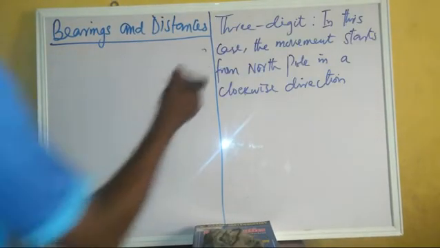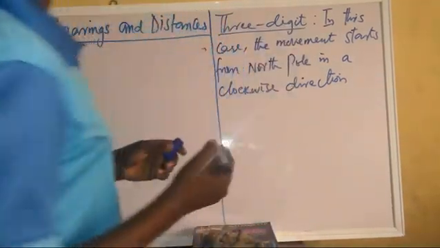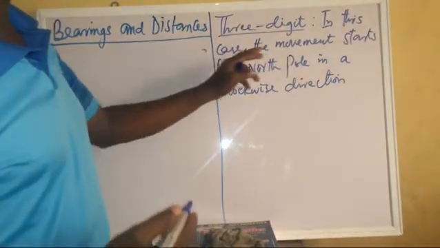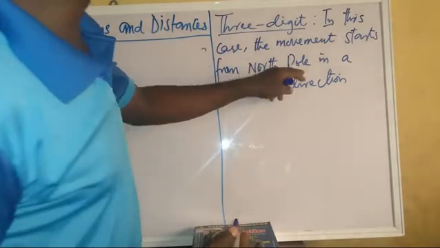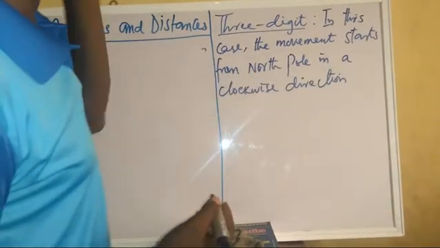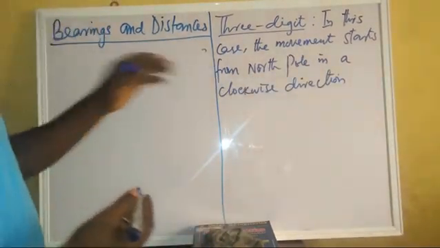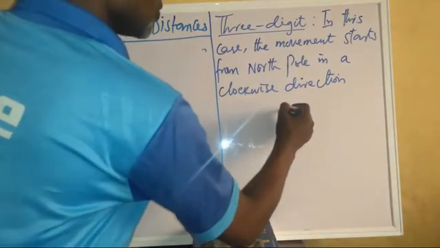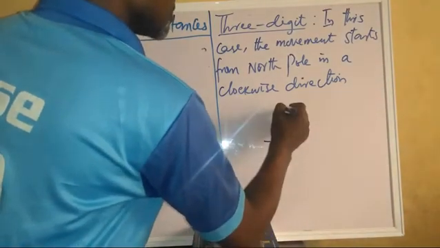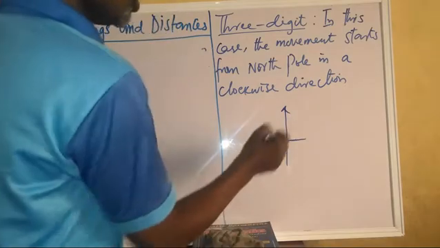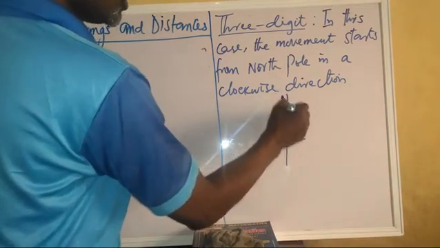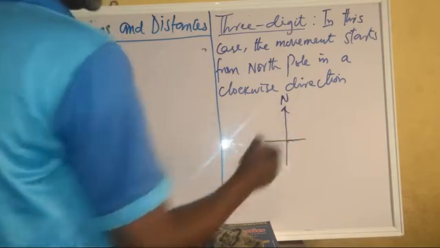In three digits, in this case, the movement starts from north pole in a clockwise direction. That is, when you draw your four cardinal points, this is the north pole. You move from this north pole and move in a clockwise direction.